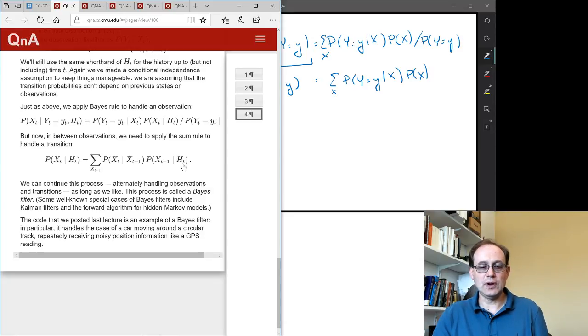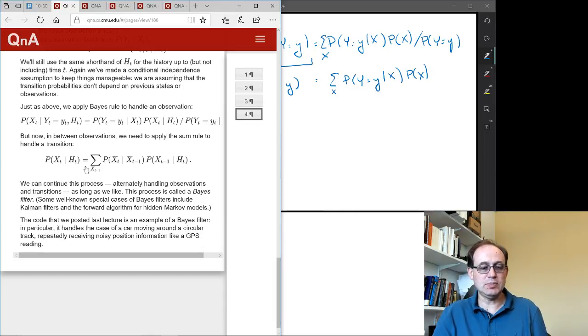If you want to work this out, this comes from the chain rule of probability, together with our assumption that xt only depends on xt minus 1 and not ht. So we take the joint distribution over xt and xt minus 1 and we marginalize out xt minus 1, and that gets us the distribution over xt.